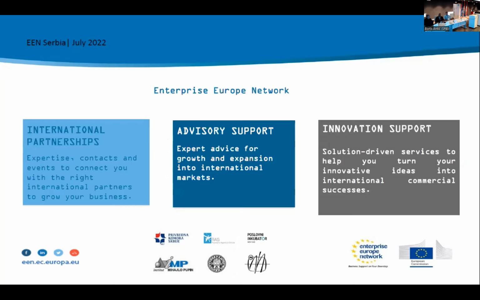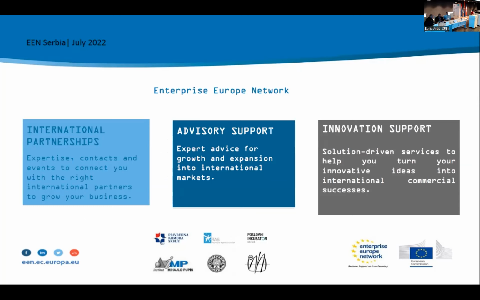get innovation support. So the Enterprise Europe Network has three main pillars. It's international partnership, advisory support, and innovation support. When we talk about the international partnership, we give the expertise, we create the contacts, and we organize events in order to connect SMEs with foreign partners.